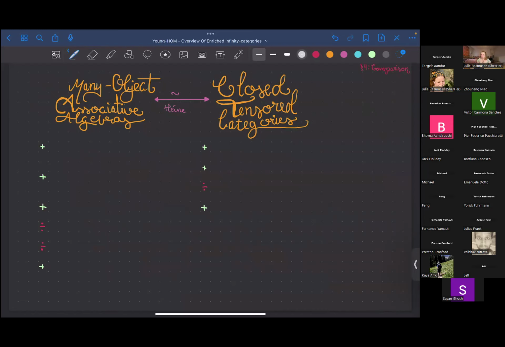So with the many-object associative algebras, it's easy to see that we get the correct structure. And it follows our higher algebra intuition, which I personally find nice. And it packages up all of the structure really nicely for us. Like, we don't have to worry about keeping track of things by hand.